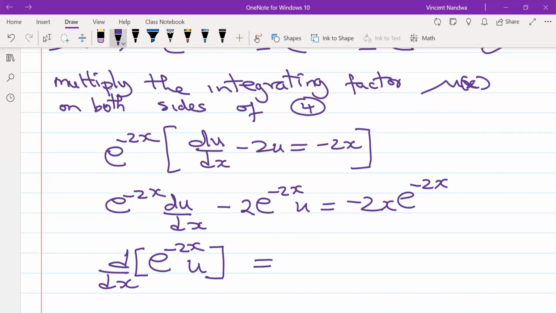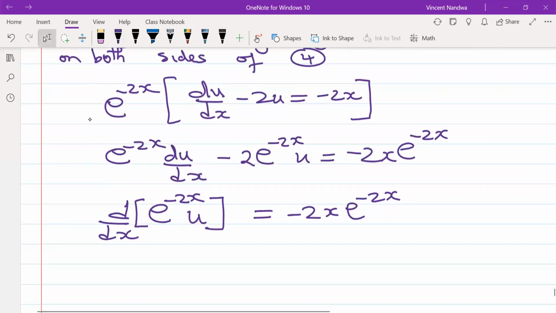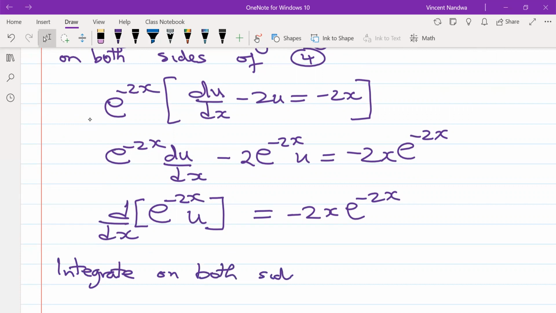And then minus 2x e power minus 2x. Our interest is to find u. So then integrate on both sides to get u.